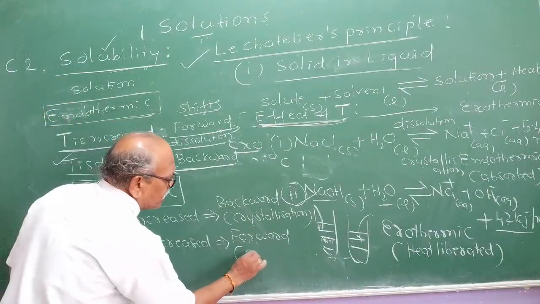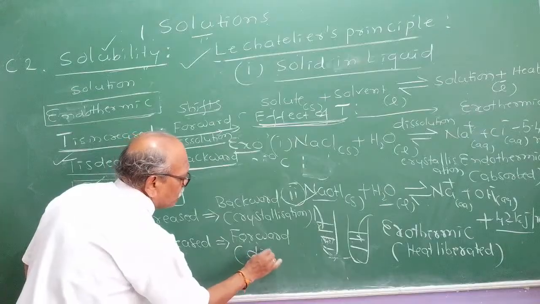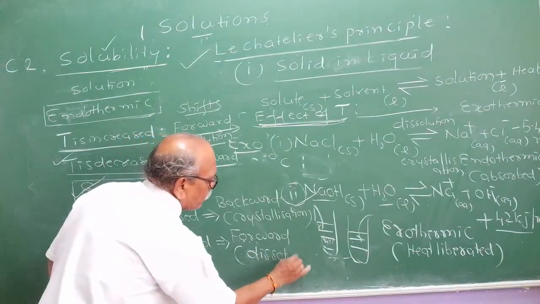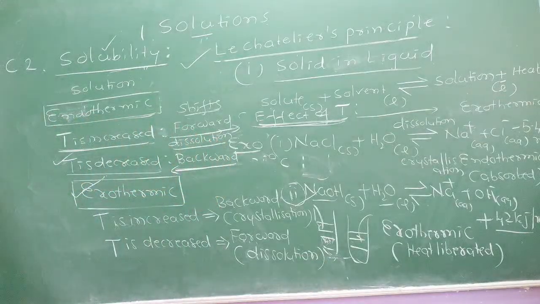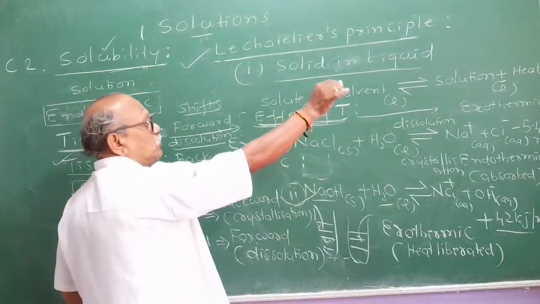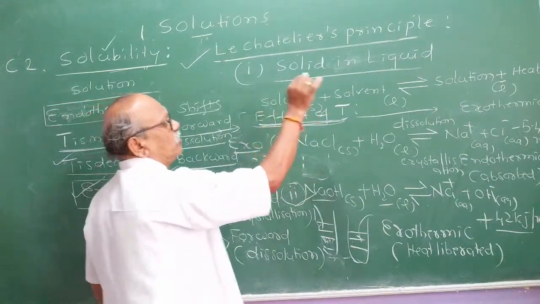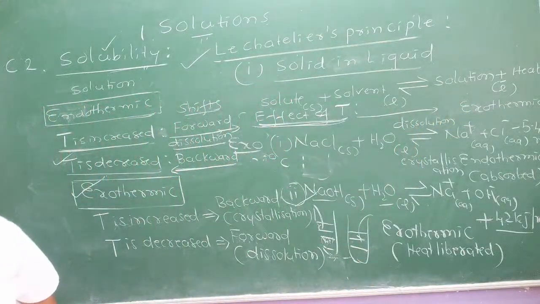Therefore, the forward reaction takes place, that is, more dissolution will take place. This is the effect of temperature on the dynamic equilibrium of a solution of a solid solute in a liquid solvent. I hope the concept is clear to you. Okay, fine.